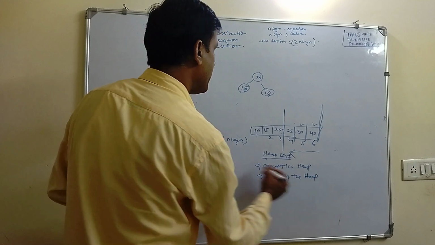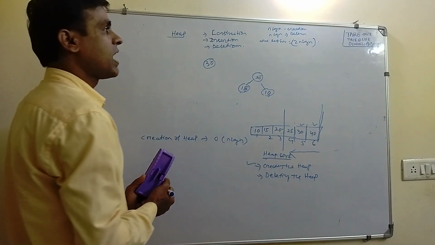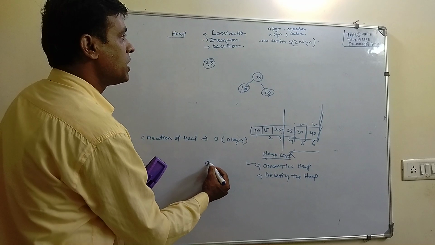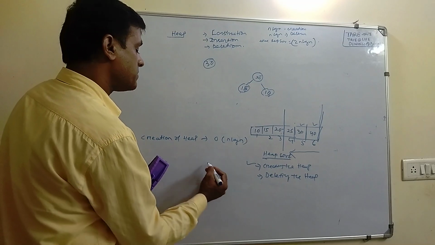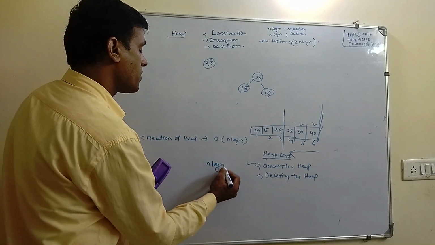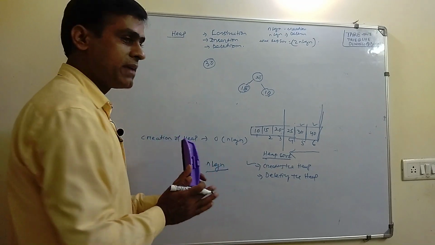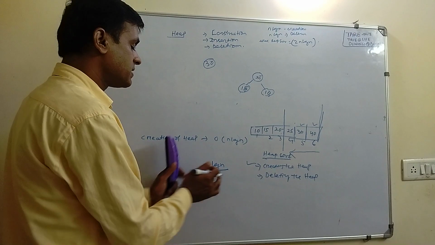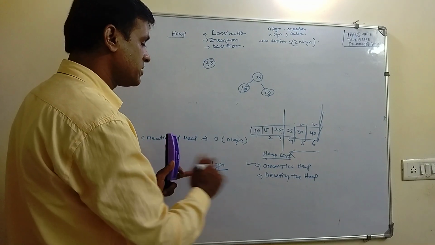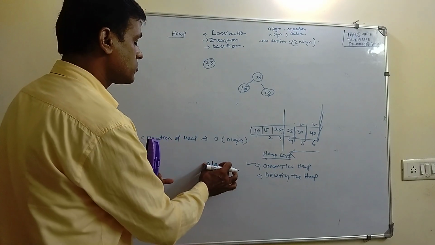If you create the heap, how much time does it take? It takes n log n time. Why n log n? I already told you that you have to check the height of the tree, log n times, and for n elements you are doing the readjustment, that is why n log n.